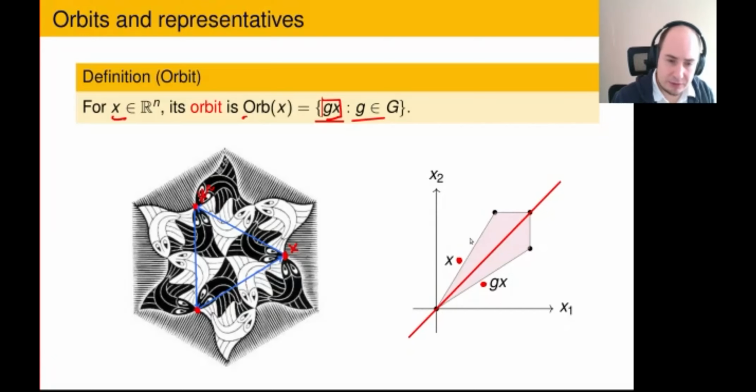Okay, so when you're dealing with breaking symmetries, what you're trying to do is somehow to select just one unique representative per orbit. Okay, that's in a nutshell what you're trying to do.